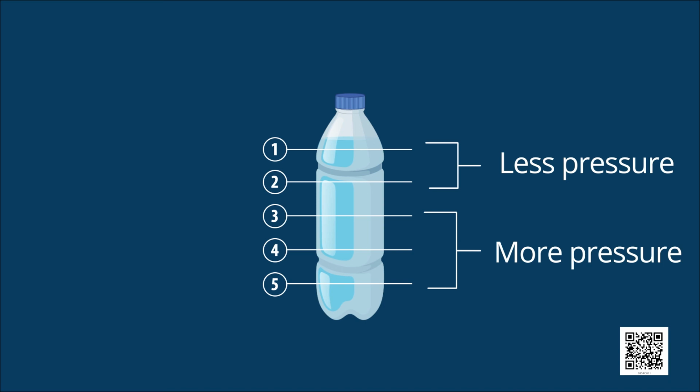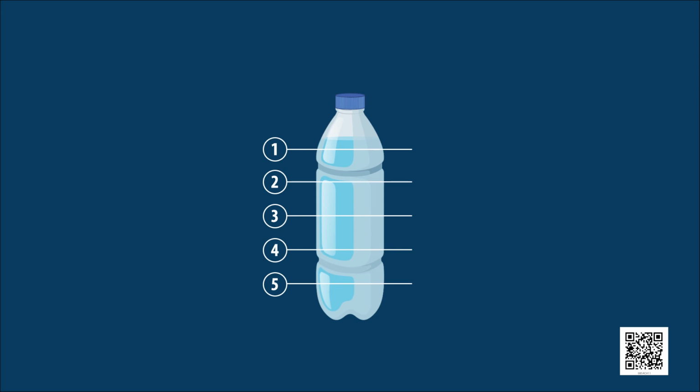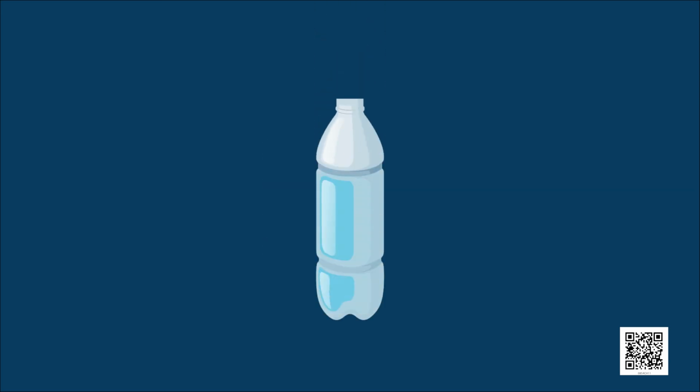For this, have a look at this activity. Take an empty bottle and fill it with water. Now, make a hole near the uppermost layer of water. You will see that the water from the uppermost hole will come out.